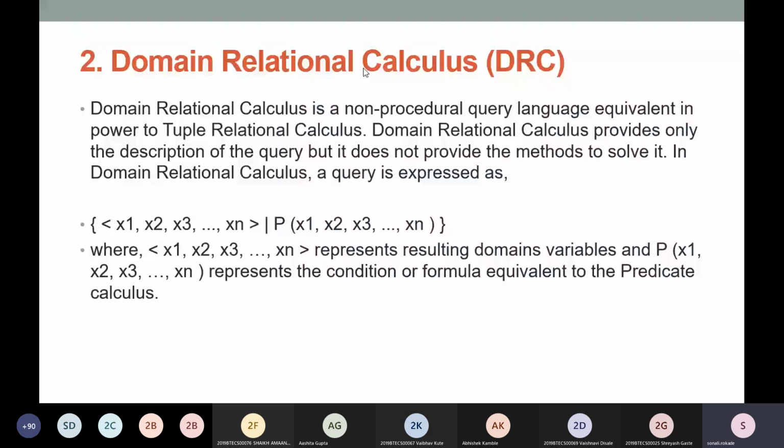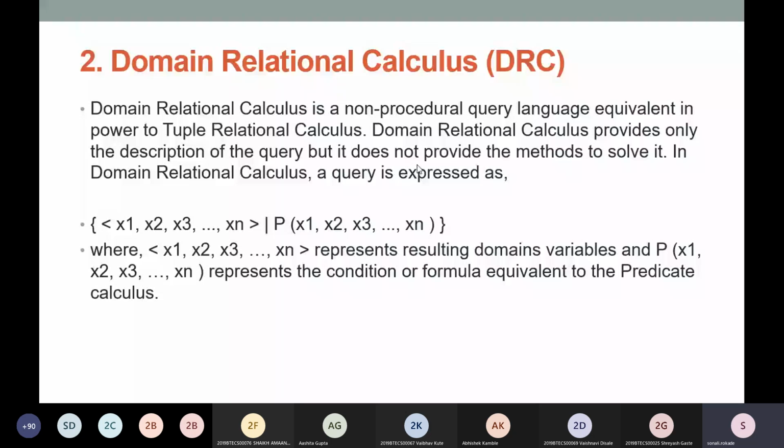We can call it a set of tuples which have the same property or same structure. Domain relational calculus is also a non-procedural query language, equivalent in power to tuple relational calculus. But it provides only the description of the query, not the methods to solve it.